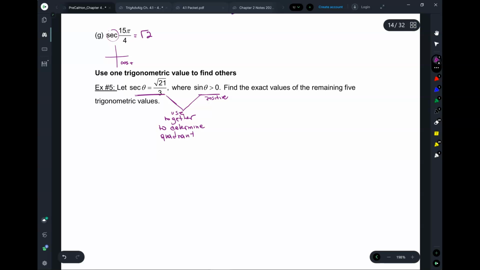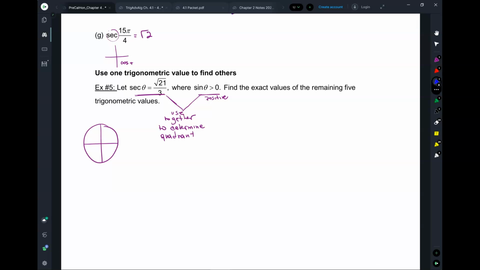Okay, so let's start with a mini unit circle here. It says in the first one that secant is positive, right? If secant is positive, which of the quadrants can it be in? If secant is positive, then so is cosine. Cosine or secant is positive here, and also where all students take calculus, it's positive here.